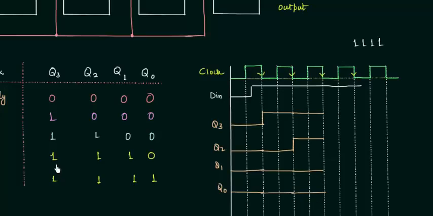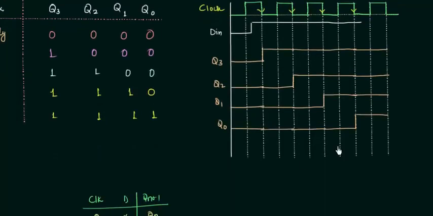For the third falling edge, Q3, Q2, and Q1 are high, and Q0 is low. Finally, for the fourth falling edge, all these outputs Q3, Q2, Q1, and Q0 are high. This is how the waveform will look, and you can easily find out the data stored in this.